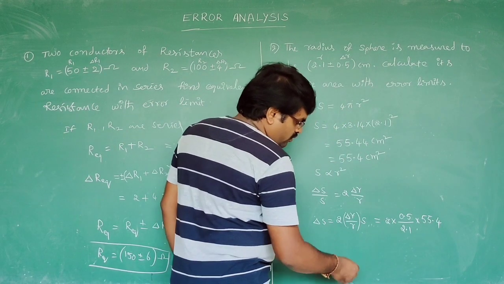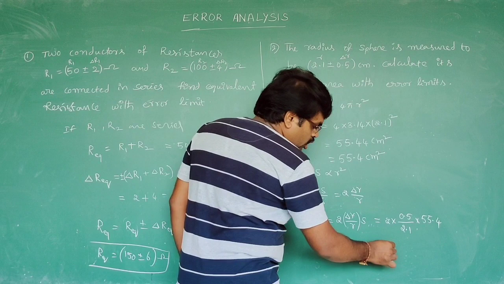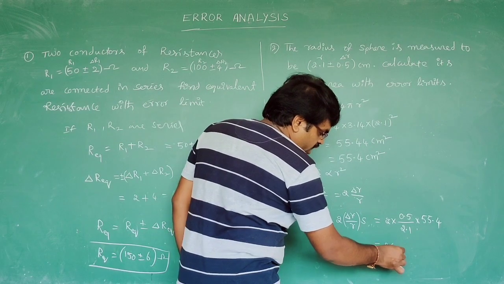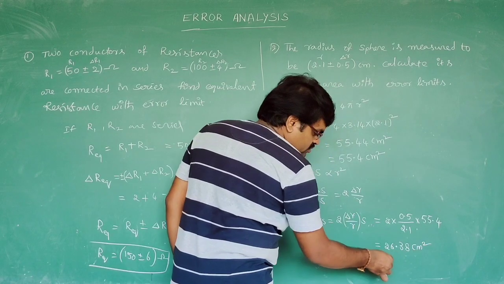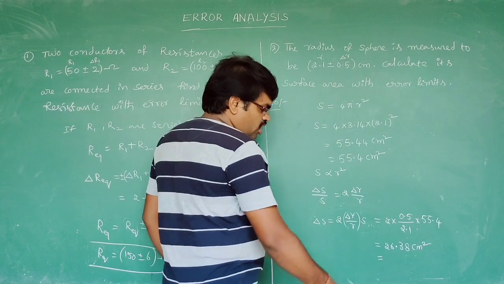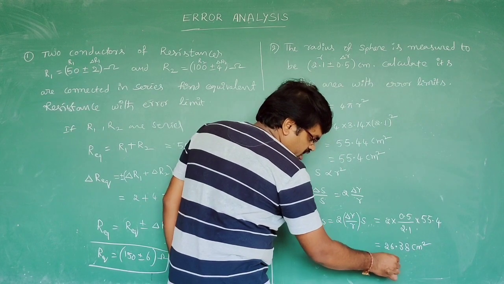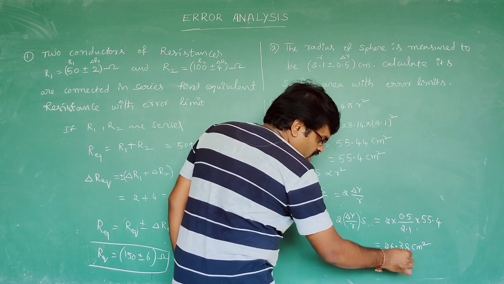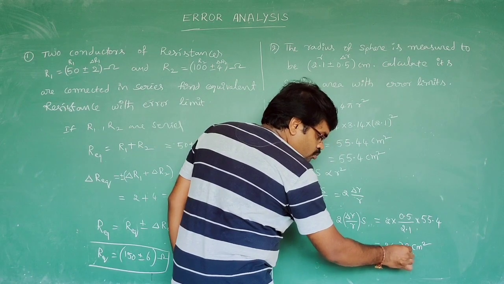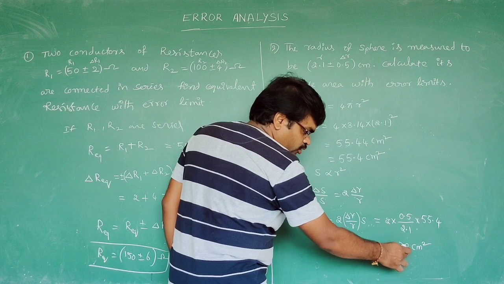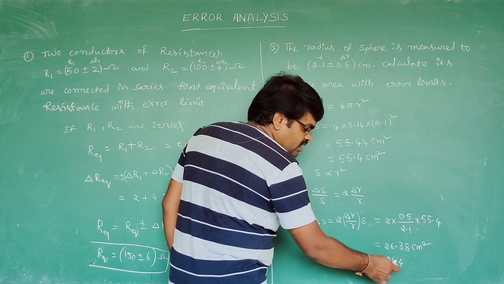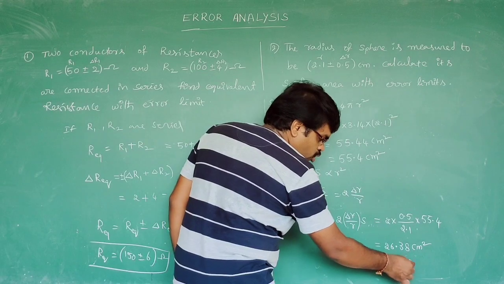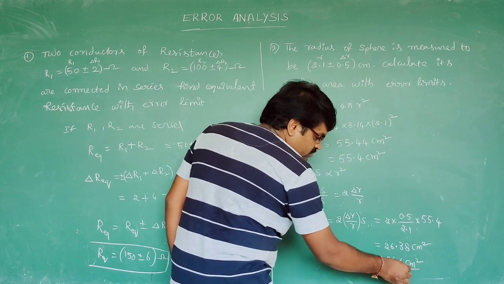Calculating this, we get 26.38 cm². Rounding off, we get 26.4, because it is greater than 5, so the preceding number is increased by 1 unit. That is 26.4 cm².